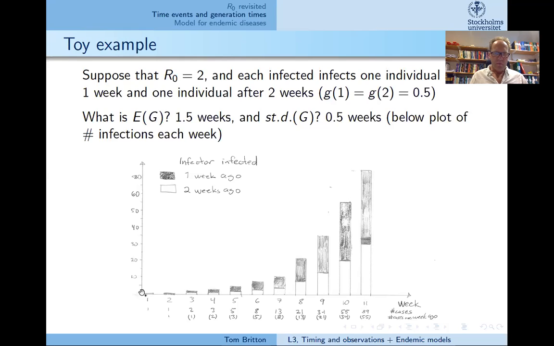So how many get infected in different weeks? It's 1 person, 1 person, 2, 3, 5, 8, 13, 21. So the number of people getting infected here, let's say, how many were there here? There were apparently 21. And how many were there here? 13. So the number of people getting infected here is 13 plus 21, so that is 34.